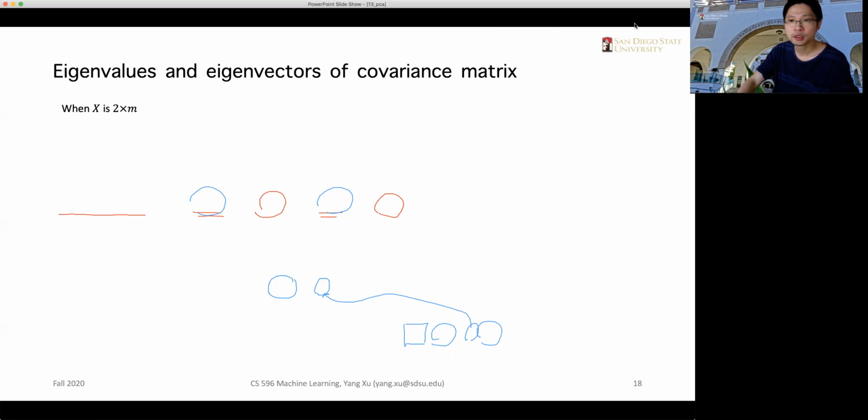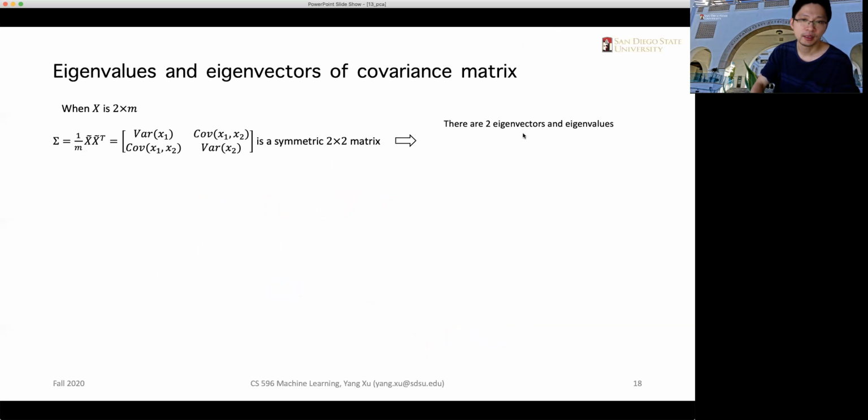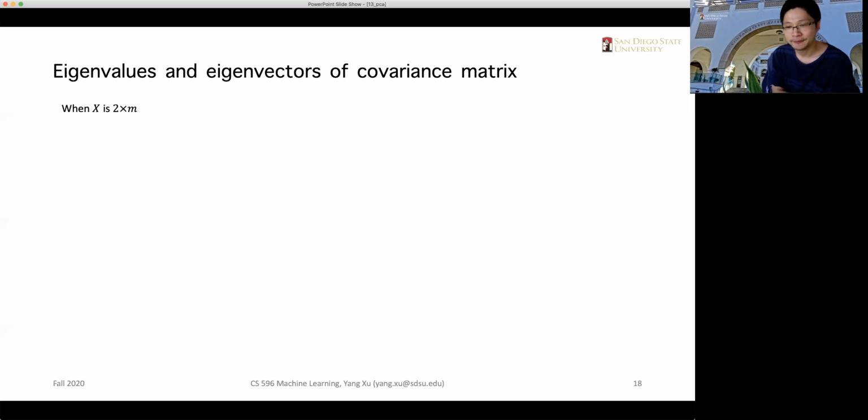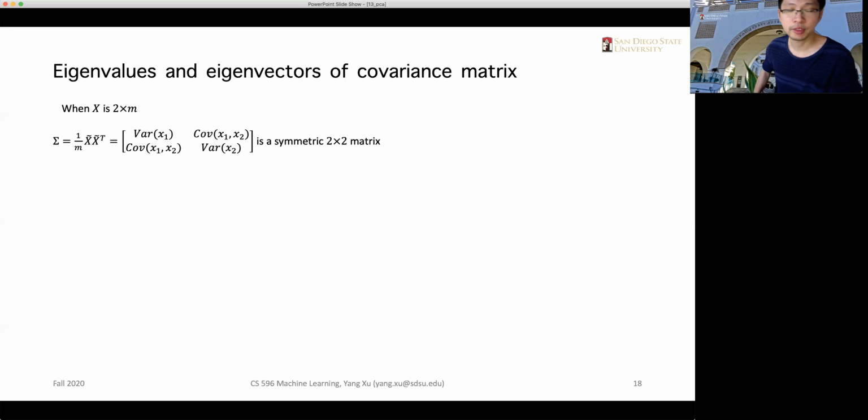Okay, so now going back to a more concrete problem here. When our data X is 2 by m, now we can construct the covariance matrix. It's a 2 by 2 matrix, regardless of how many m's you have.